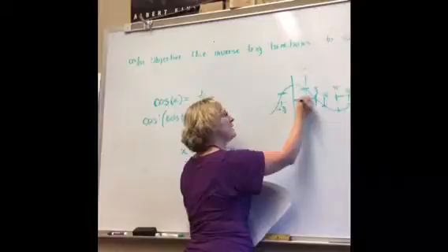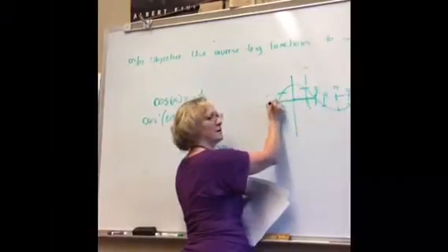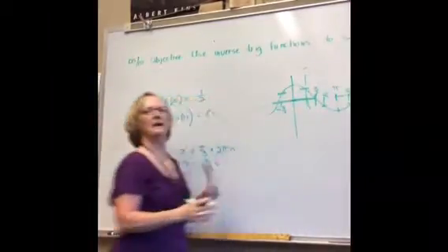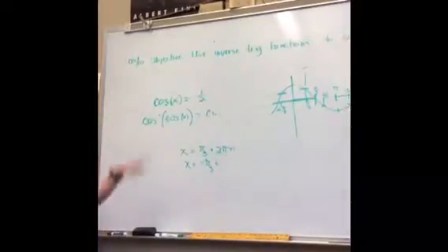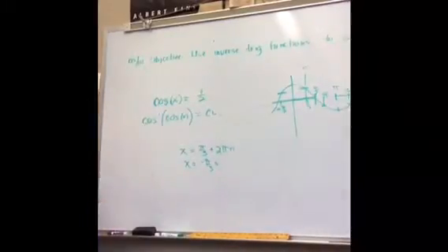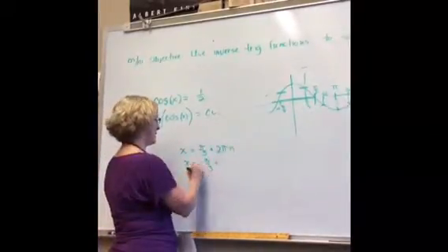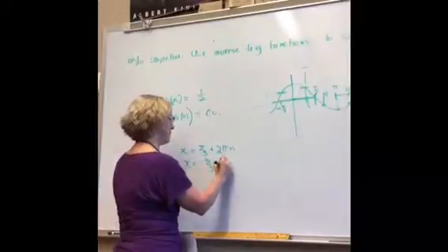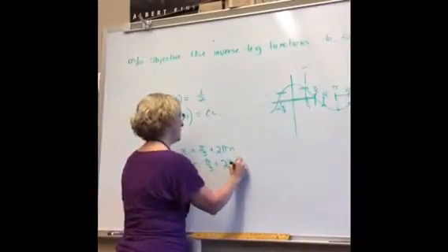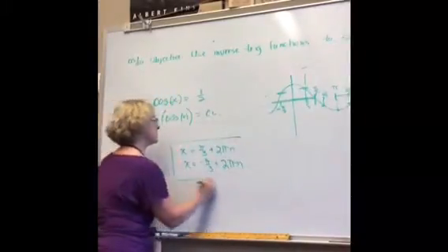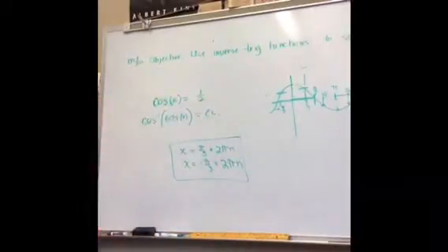There's quadrant 1. And it hits it in quadrant 4. Right? And every 2 pi beyond those, or going back the other way. So it's pi over 3 plus 2 pi n and negative pi over 3 plus 2 pi n. That is our solution to our original equation.